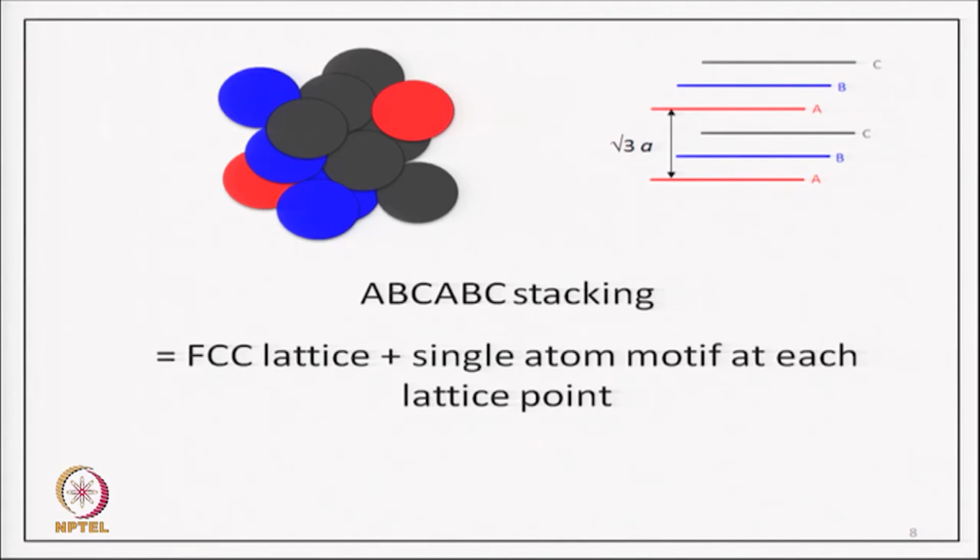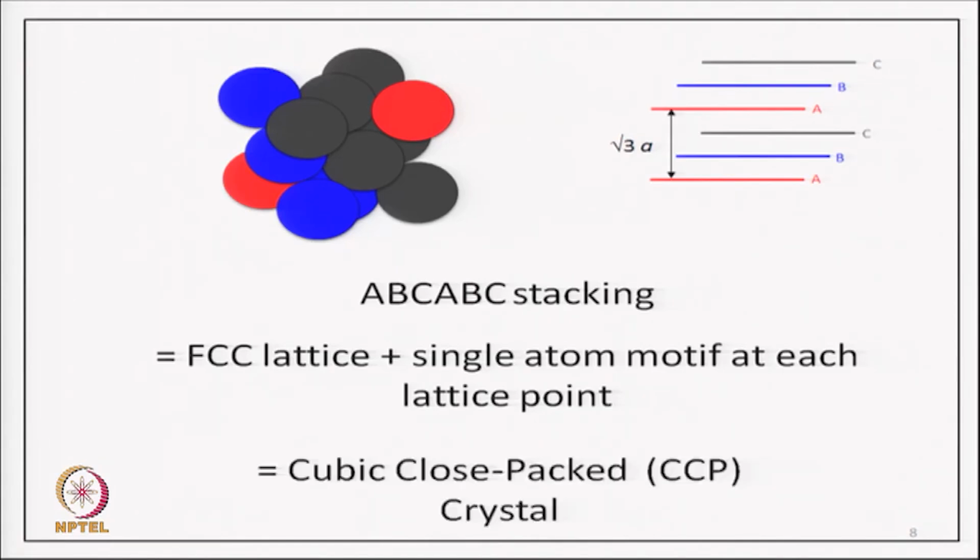So, this completes our analysis in terms of lattice and motif, but we just add one more point. An appropriate name of the crystal structure should be cubic close packed, CCP, to contrast it with the hexagonal close packed, HCP, which we have already used. But for some reason CCP is not very common in literature, and this kind of structure is often called an FCC crystal.